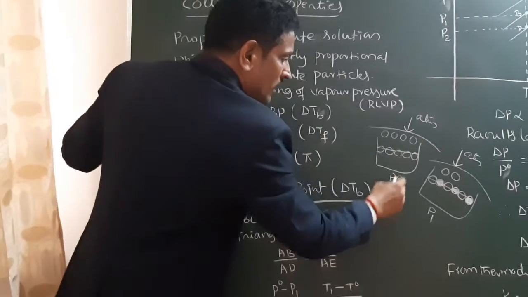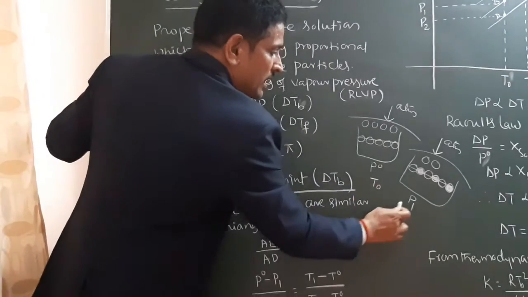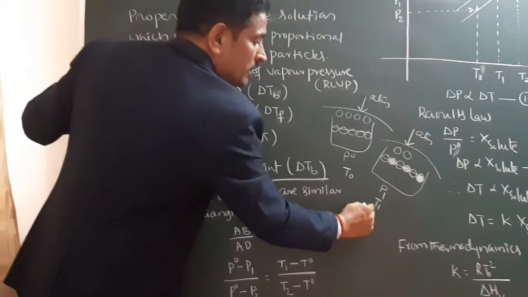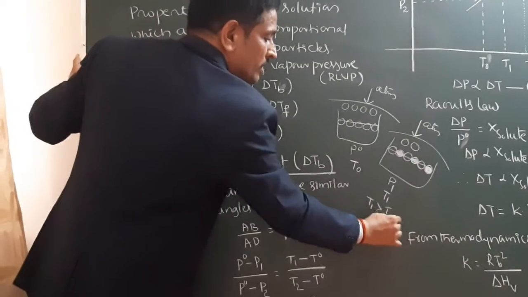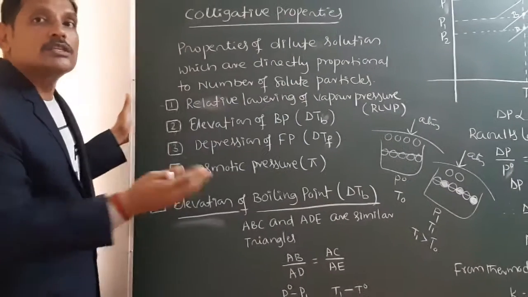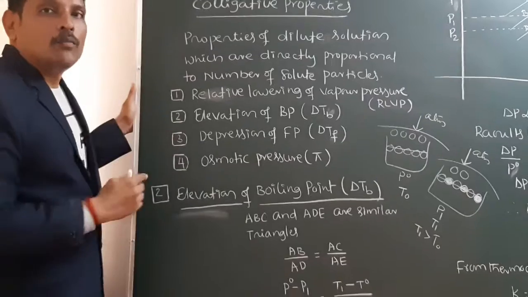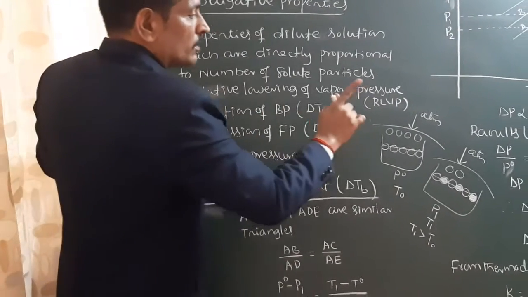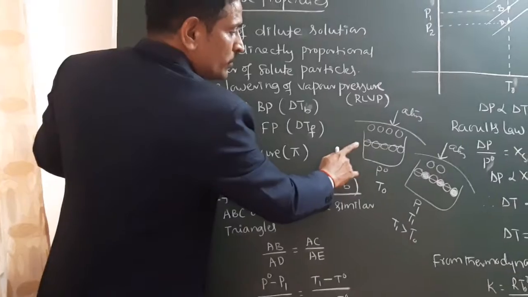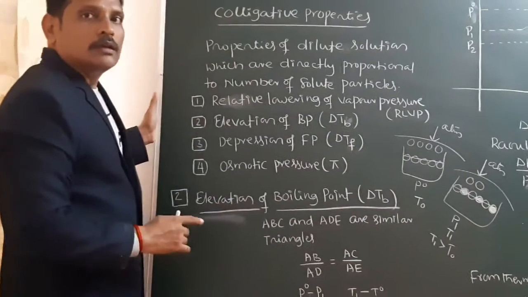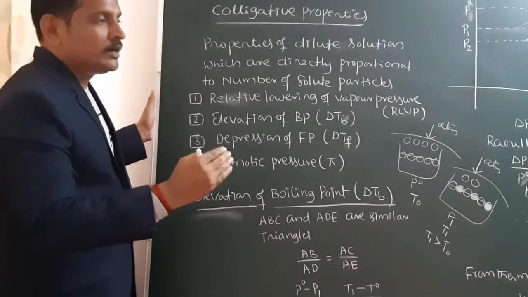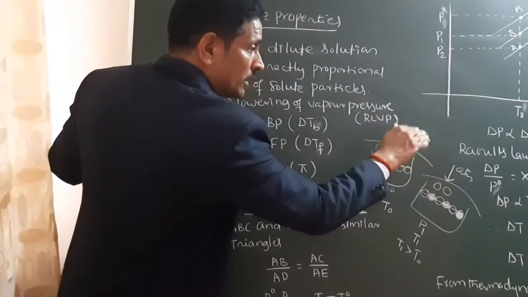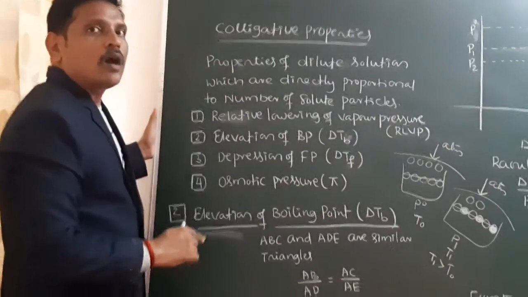Therefore, if the boiling point of this liquid is T0 and the boiling point of this solution is T1, automatically T1 is greater than T0. This is called elevation of boiling point. So that means the boiling point of pure solvent and the boiling point of a solution containing non-volatile solute are compared.